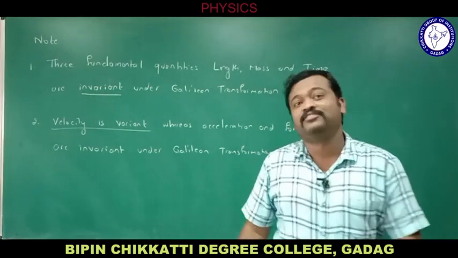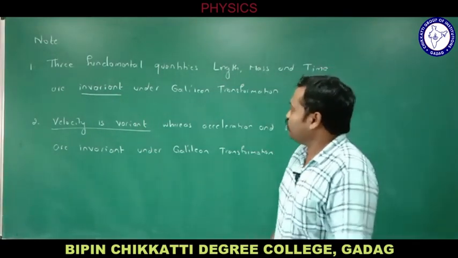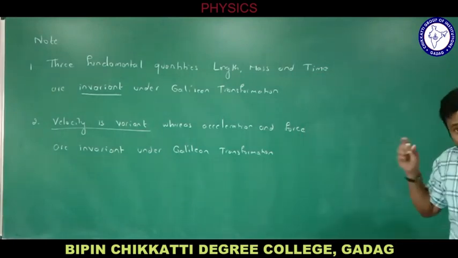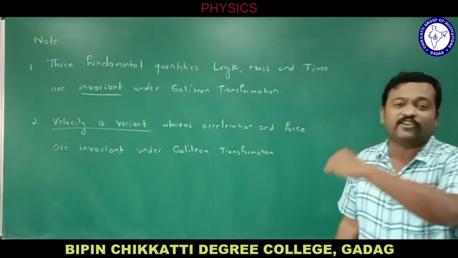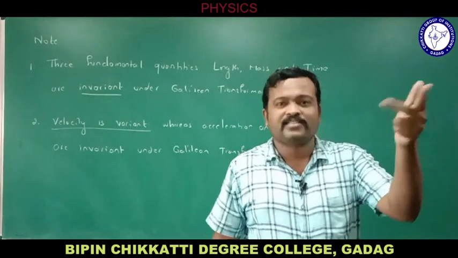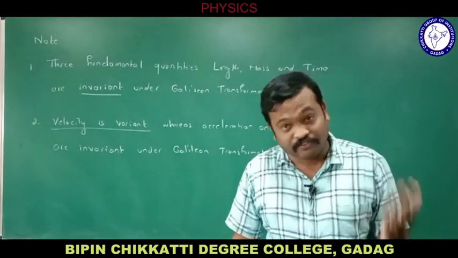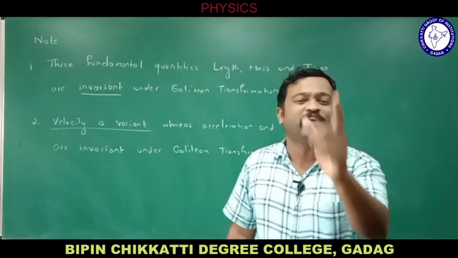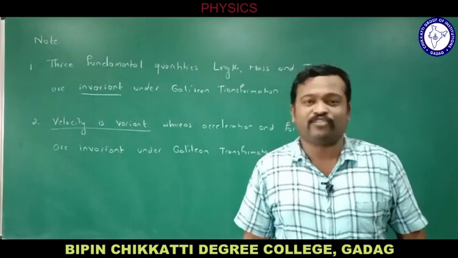Do remember this, right? We will be proving this also. First of all, we need to know which physical quantities are variant and which are invariant. Length, mass and time are invariant, acceleration and force are invariant, but velocity is variant.